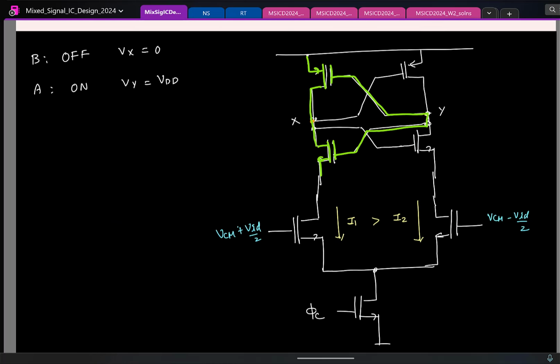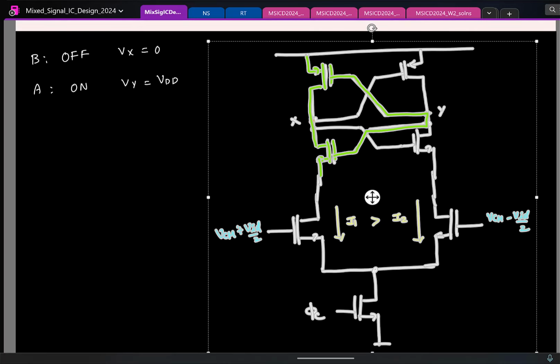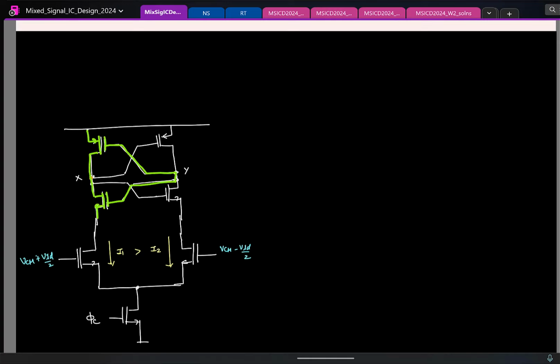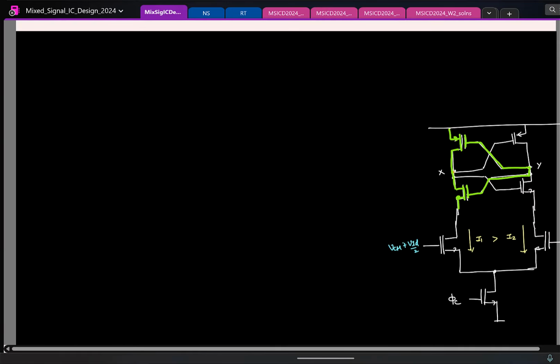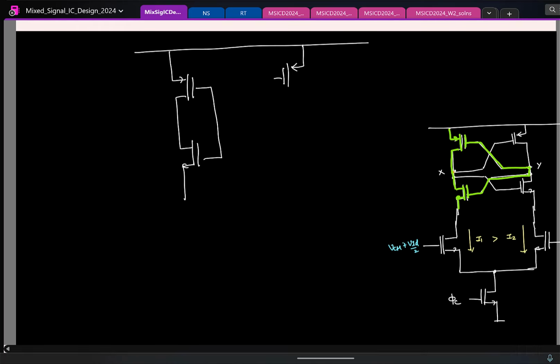So what I can do is redraw the same thing in a more beautiful way. I'll copy paste this. So what I have is essentially one CMOS inverter. Similarly, on the right side, that is also another CMOS inverter.